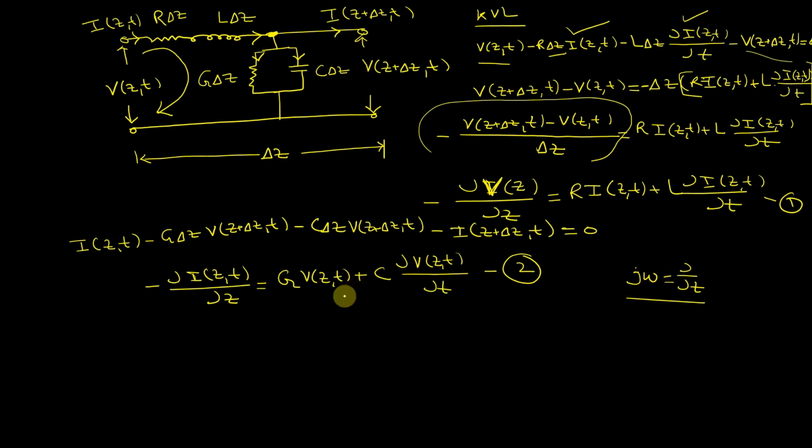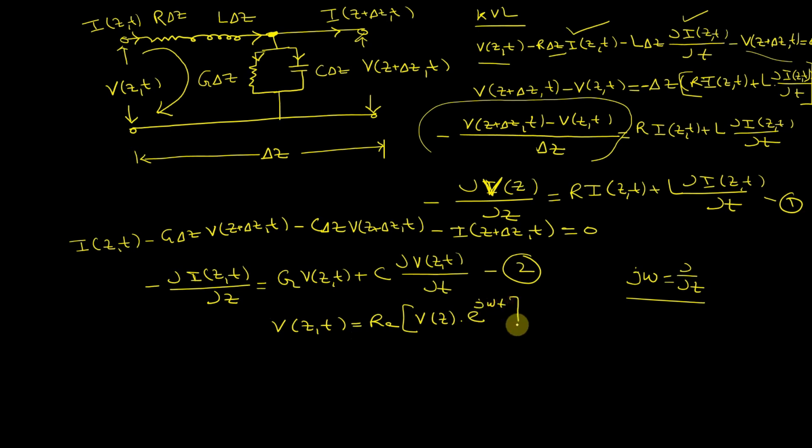The voltage V(z,t) can be written in time harmonic form as the real part of V(z) times e raised to the power j omega t. Similarly, the current I(z,t) can be written as the real part of I(z) times e raised to the power j omega t.